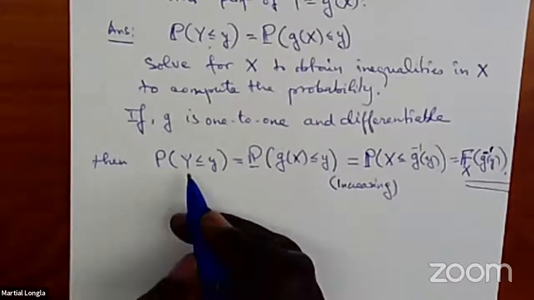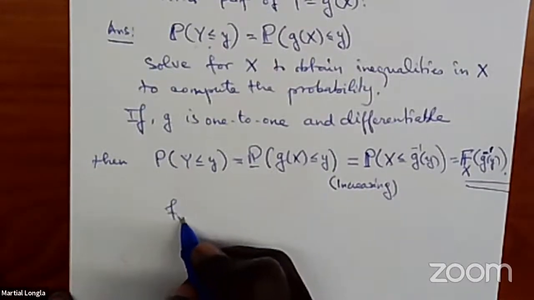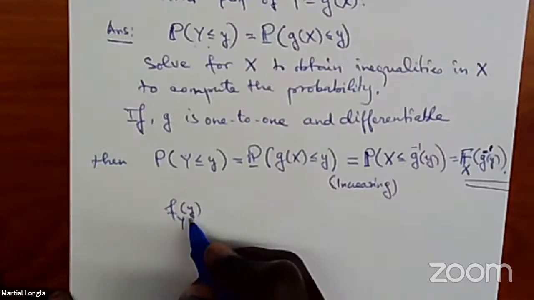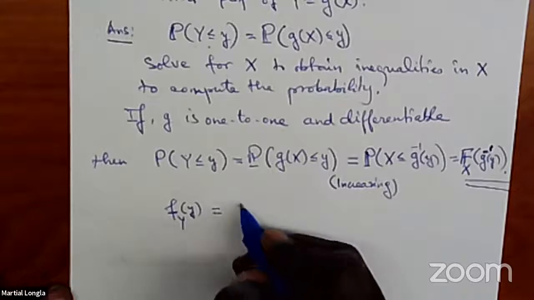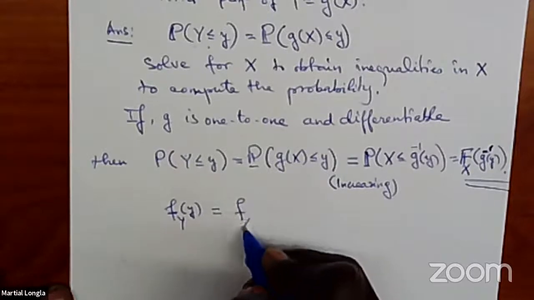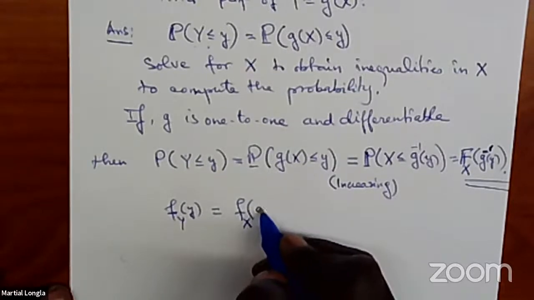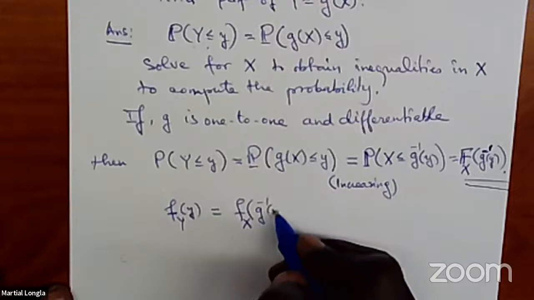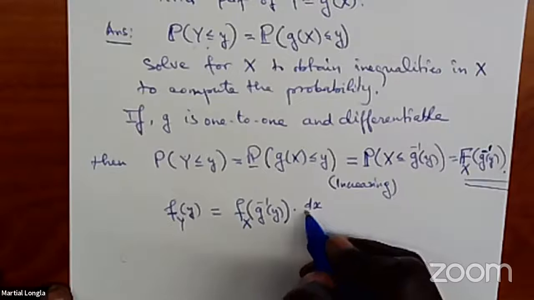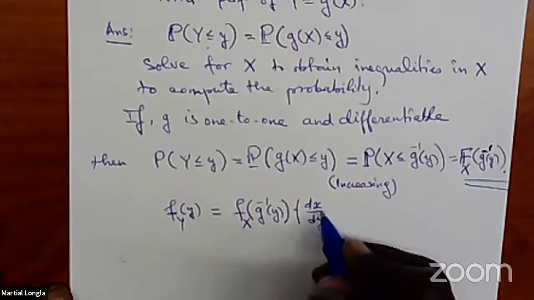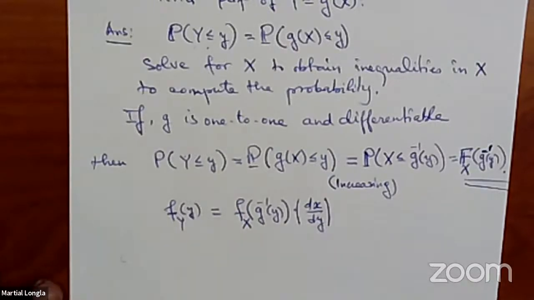and the little f_Y of y, which is the PDF, in this case is going to be equal to the PDF at g^-1 of y times dx over dy in absolute value. This is in general.